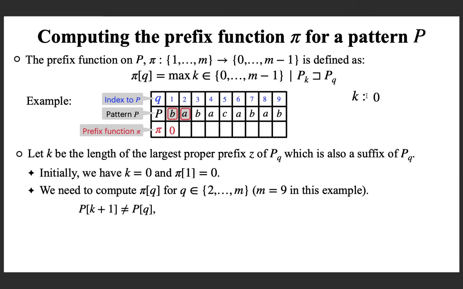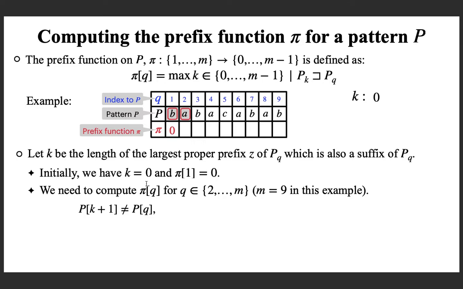Till now the prefix is epsilon and the length is 0. So what should be the next highest length prefix? Of length 1. So what can be that? We are checking whether that is the next symbol. So actually you are checking the next symbol after the present prefix. Present prefix is null string, so the next symbol is b.